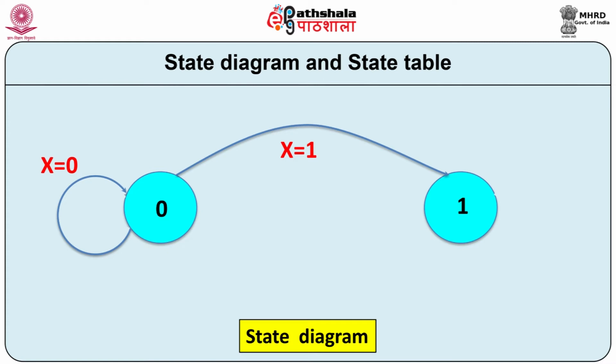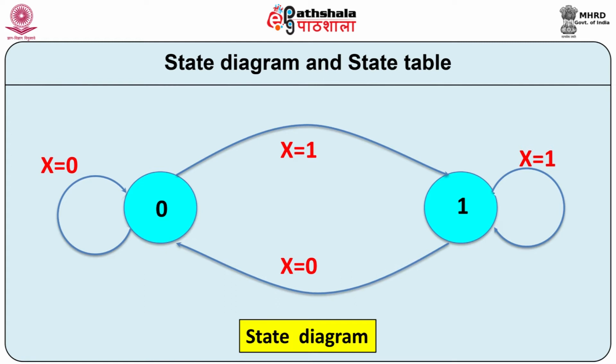This is referred to as state transition. When the circuit is in state 1, if x becomes 1, then the circuit remains in the same state, so self transition takes place. When x changes to 0, then the circuit switches to state 0. This results in a state transition for the circuit.